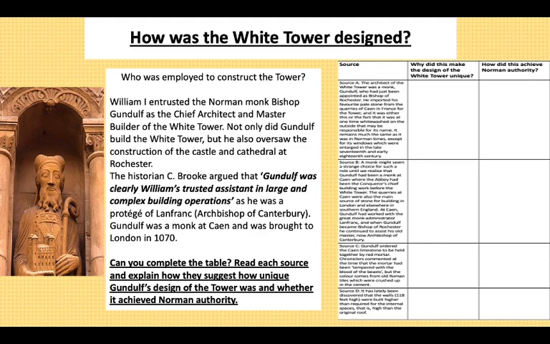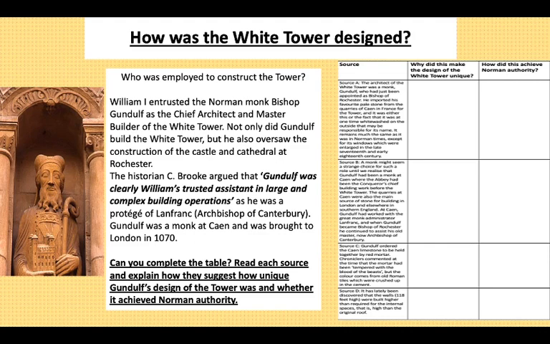Who was employed to construct the White Tower then? William I entrusted the Norman monk Bishop Gundulf, who was from Caen, as the chief architect and the master builder of the White Tower. Not only did Gundulf build the White Tower, but he also oversaw the construction of the castle and cathedral at Rochester and also at Colchester too. So he was very well known for his architectural designs, and he was quite a popular designer too.